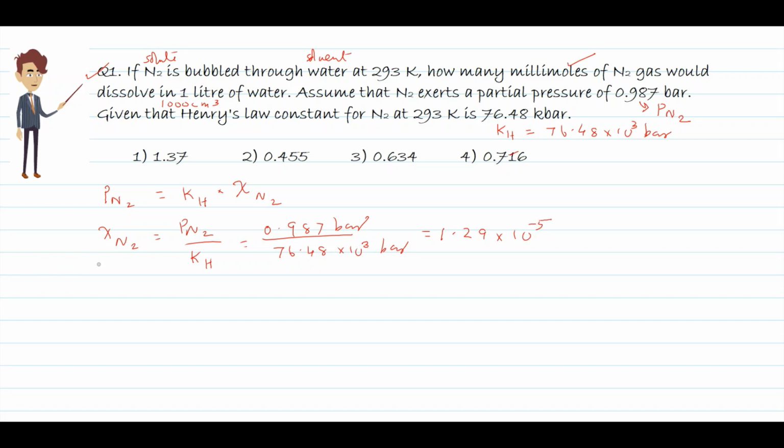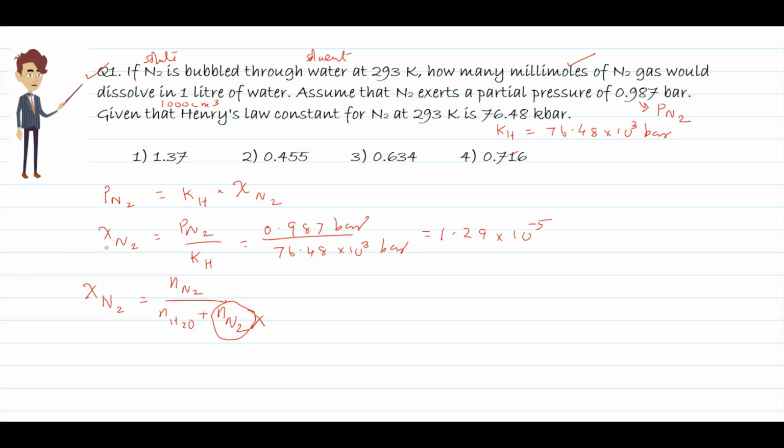Then from the mole fraction of nitrogen we get the moles of nitrogen. Mole fraction of nitrogen is equal to number of moles of nitrogen by number of moles of water plus number of moles of nitrogen. In the denominator, the number of moles of nitrogen can be neglected. Why?